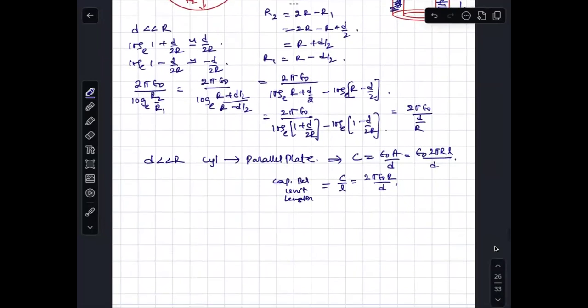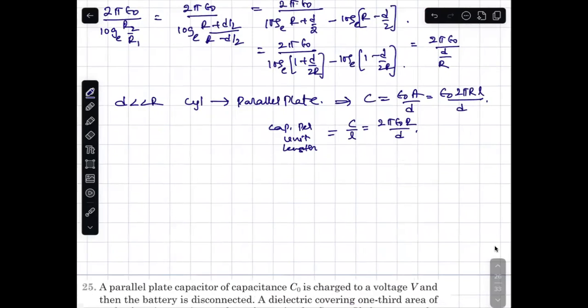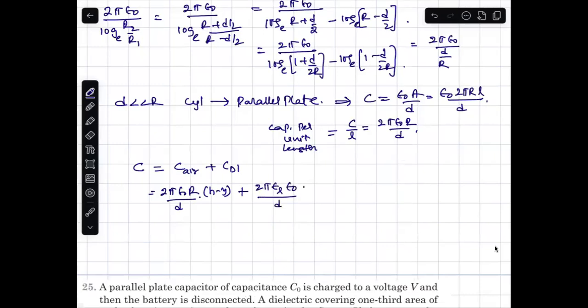By the way, what do you want? What is the total capacitance of the arrangement? This is C air plus C dielectric. C air is 2 pi epsilon naught R by D times (H minus Y), because that is the air part. The next part is 2 pi epsilon_r epsilon naught R by D times Y. Agreed?